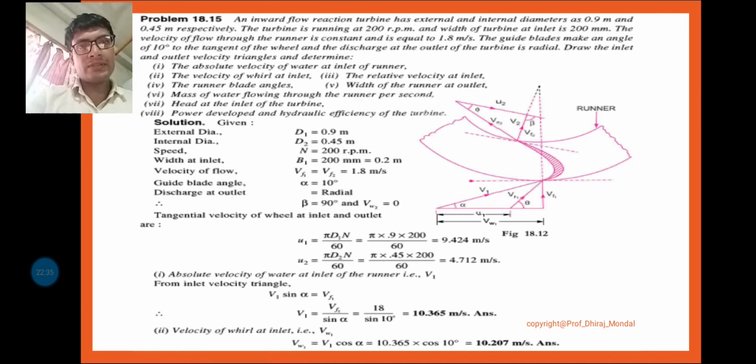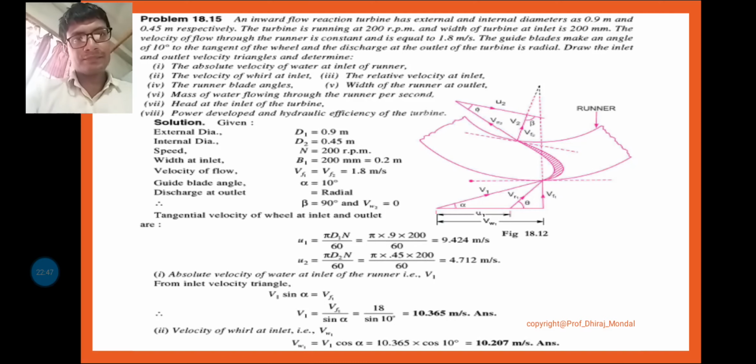Draw the inlet and outlet velocity triangles and determine the absolute velocity of water at inlet of the runner, the velocity of wheel at inlet, the relative velocity at inlet, the runner blade angles, the width of the runner at outlet, the mass of water flowing through the runner per second, the head at the inlet of the turbine, and lastly the power developed and hydraulic efficiency of the turbine.